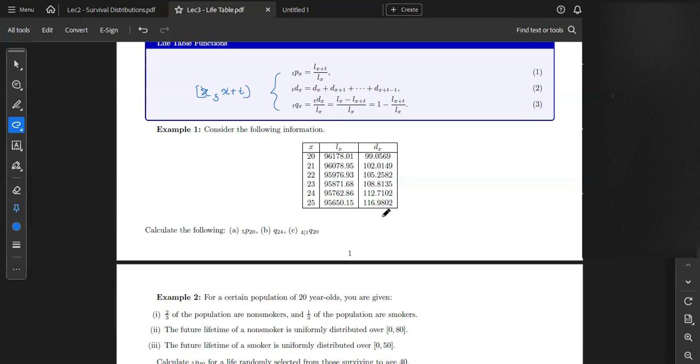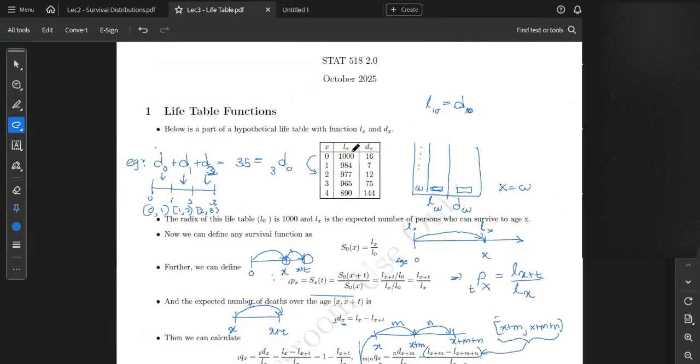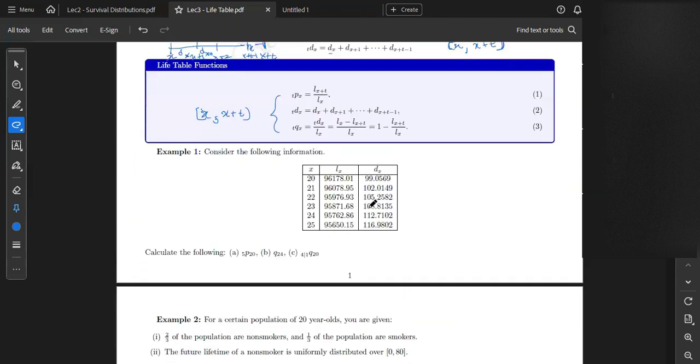So there is a possible explanation for the decimals that we are seeing on the table, or maybe they have used a different modeling technique with the data that they have collected to predict the number of survivors and the number of deaths for each time interval. We don't have to worry about those things. In some cases these numbers are whole numbers, but in some cases we can expect decimals as well.